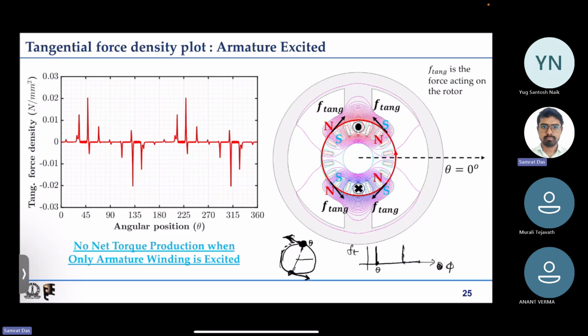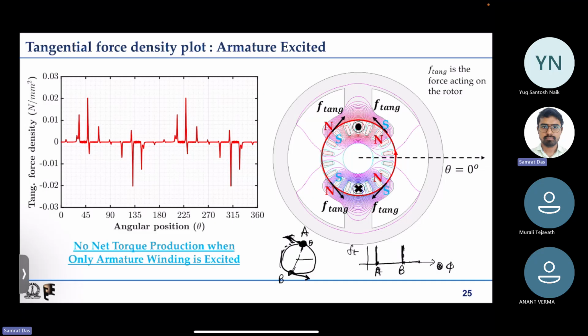So for the torque production case, if I assume that the forces are acting on only these points, point A and point B on the rotor periphery, then some positive force acts at point A and some positive force again acts on point B. The combination of these two forces causes the torque production.